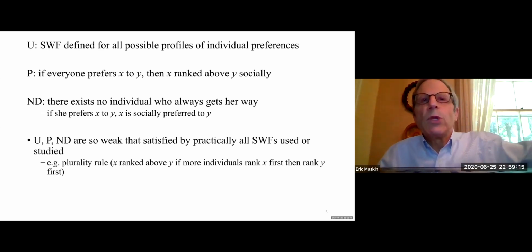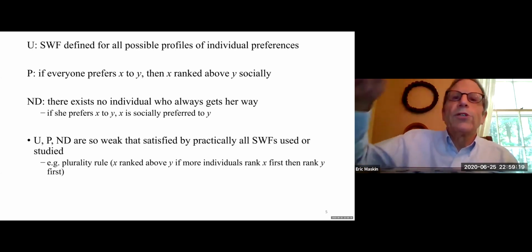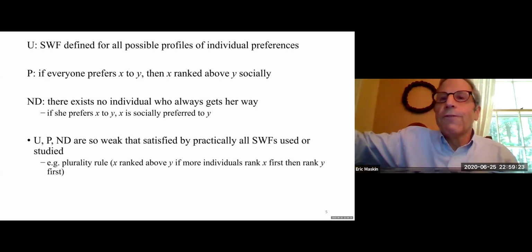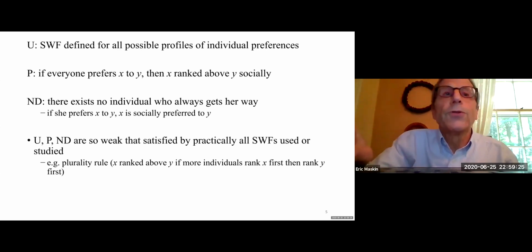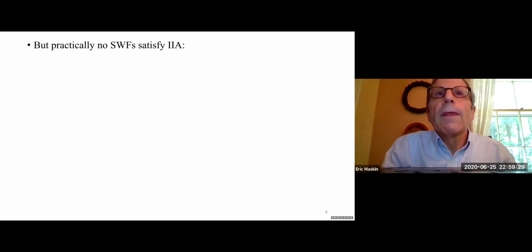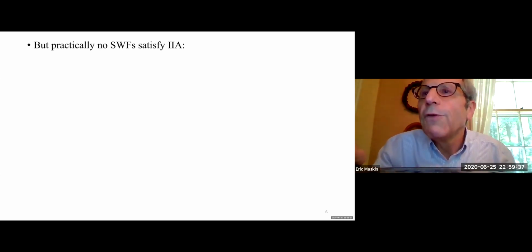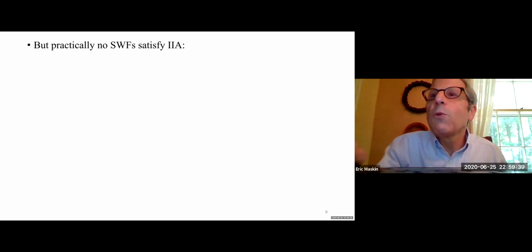We can think of the plurality rule social welfare function as one in which X is ranked above Y if more people rank X first than rank Y first. But practically no social welfare functions satisfy IIA. Now this is a different version of IIA from the one I was talking about in the first lecture.